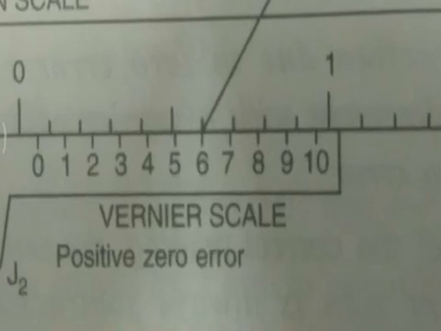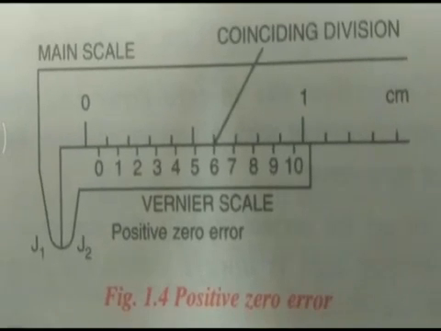Over here it is clearly visible that the sixth division of the vernier scale is coinciding with the main scale. So the zero error will be the coinciding division multiplied by the least count, and the least count of the vernier scale is 0.01, right?